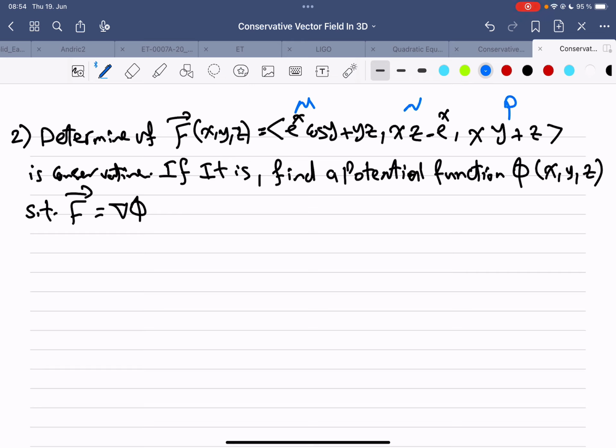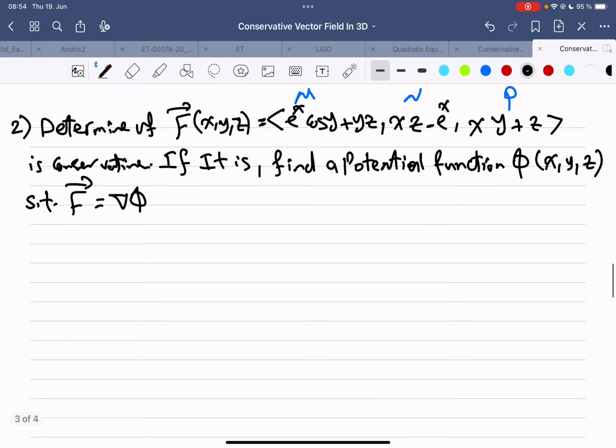We need to check if f is conservative, so we will apply the condition. The condition is m_y equals n_x, and n_z equals b_y, and b_x equals m_z. Let's calculate m_y.